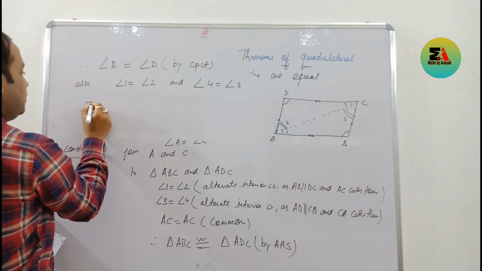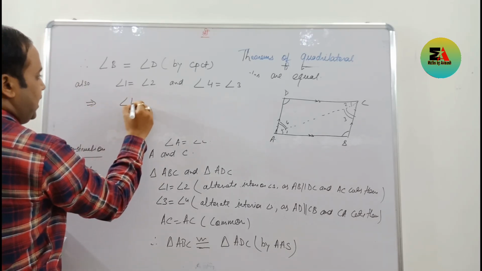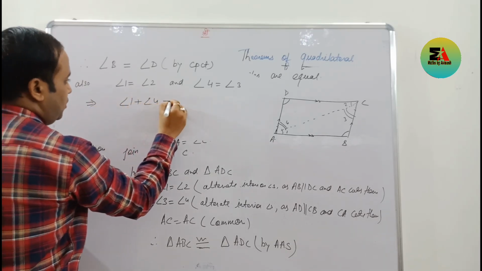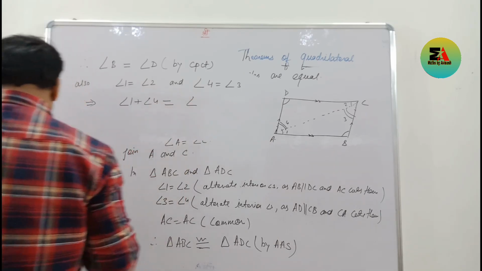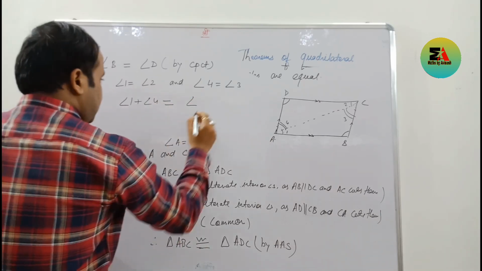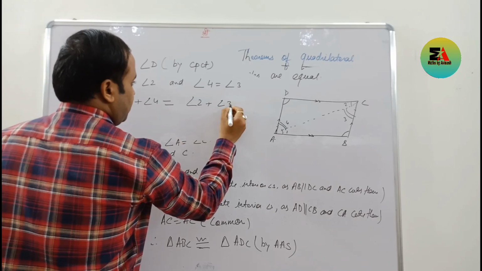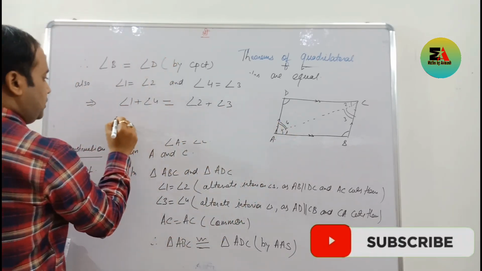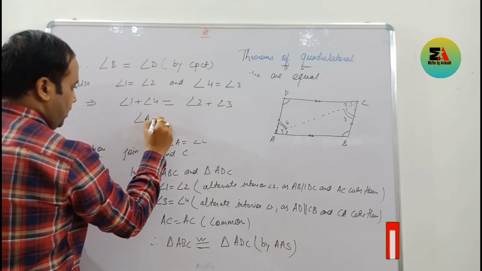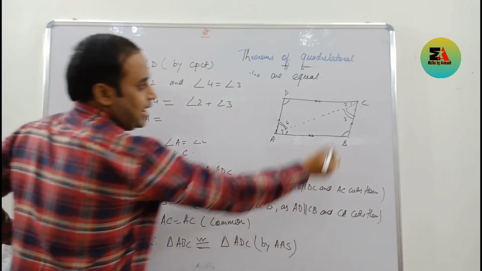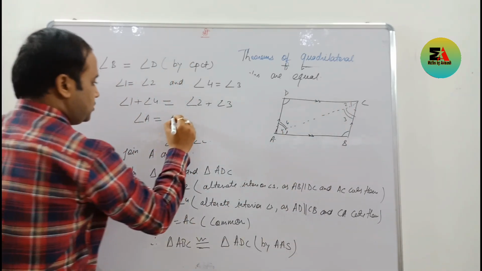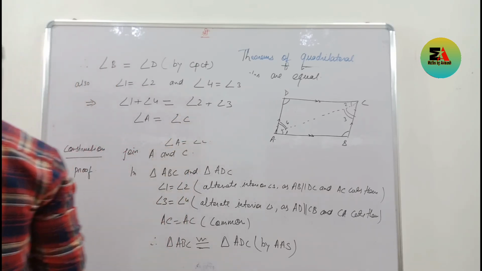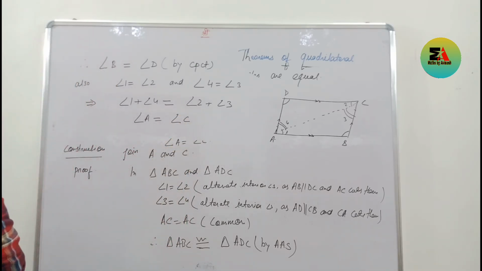Add both. Angle 1 plus angle 4 equals angle 2 plus angle 3. Angle 1 plus angle 4 becomes angle A, and angle 2 plus angle 3 becomes angle C. Clear?